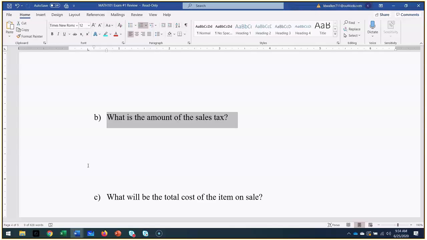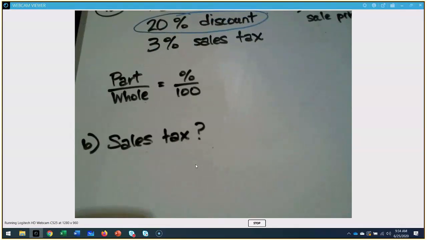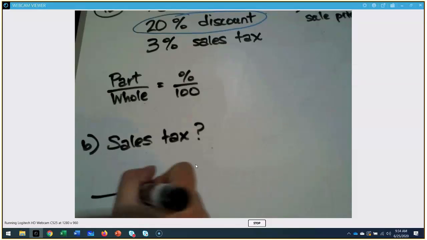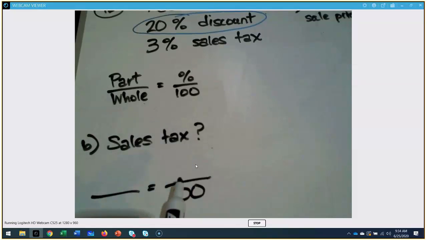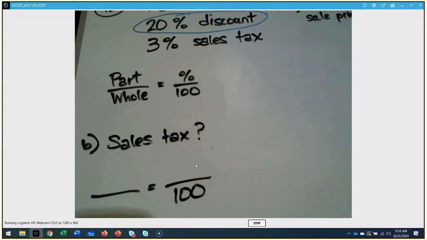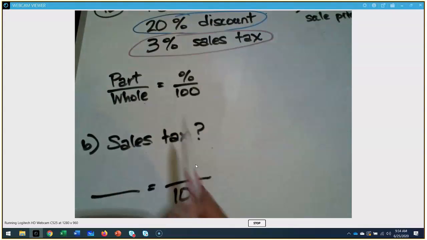Part B is asking for the sales tax. Okay, so the amount that we're going to use for our percent now is the 3%. That goes with what they're asking for.